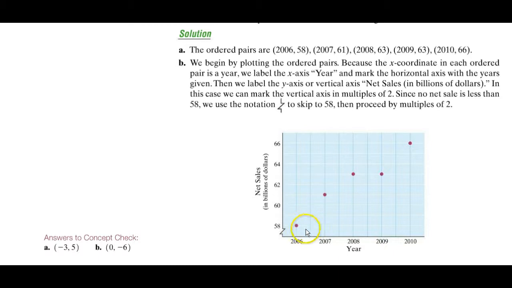Now, this little item here we mentioned before indicates you're leaving out a portion of the graph to feature what you're interested in, which is the topmost parts of it. And there's the scatter diagram of the data we saw above.